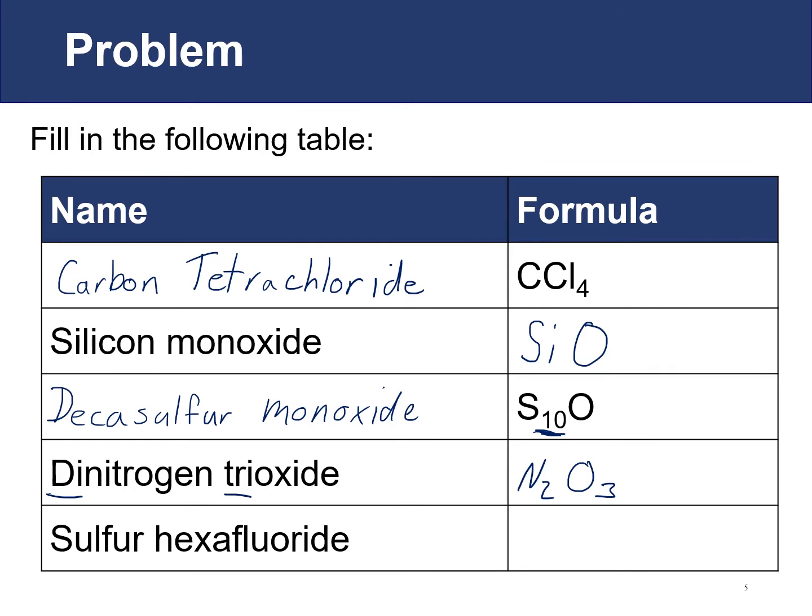So because that's the one that comes first, we know that it has a 1. Because if there's only 1, we drop the mono. So this would be single sulfur, and then hexa is 6, so this would be hexafluoride. So this would be SF6, sulfur hexafluoride.